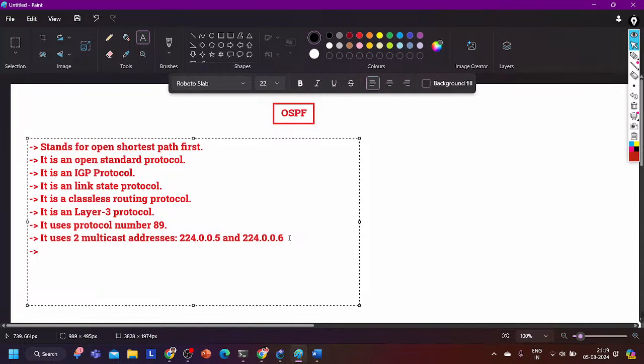Then it uses the SPF algorithm to find the best path. Then metric calculation.